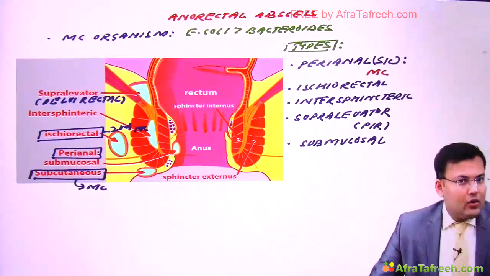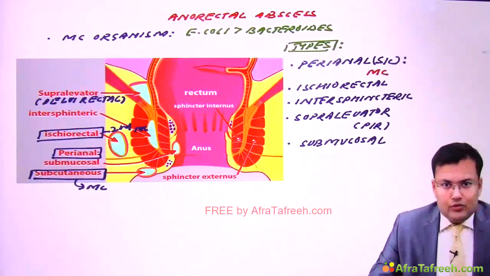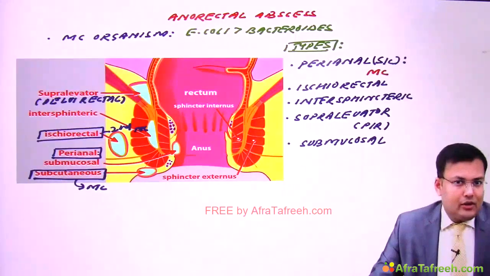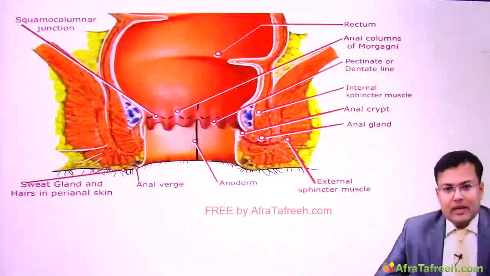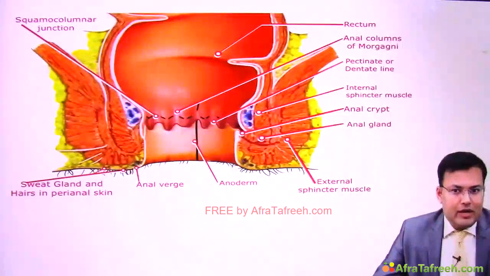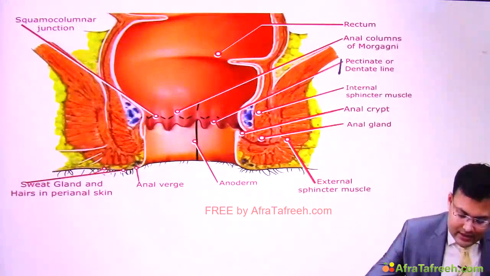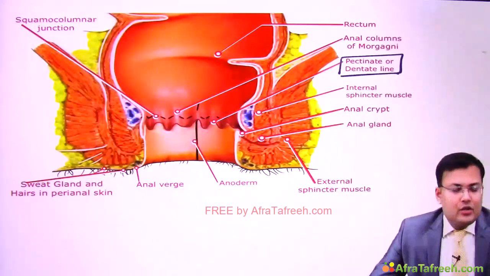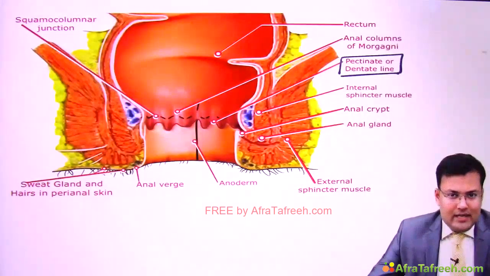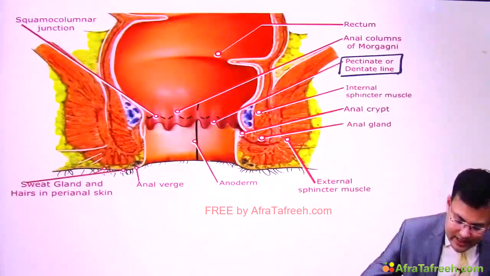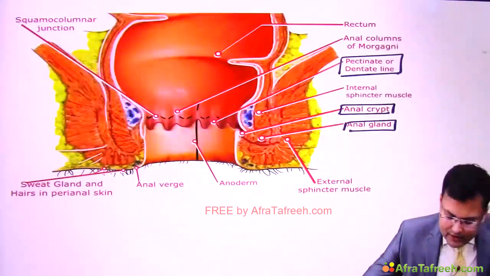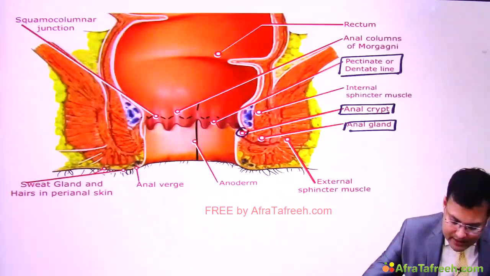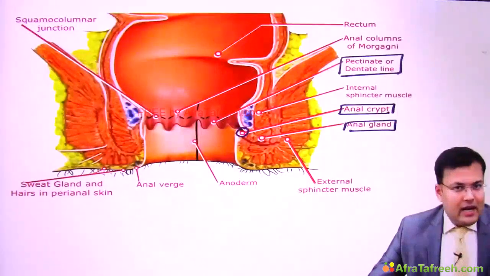Now see how anorectal abscess is going to form in any patient. See the pathophysiology. This is the normal anatomy. What are the important points which you have to remember? This is the dentate line, also known as pectinate line. Now see, there is anal gland and anal crypt. This has one opening, known as anal crypt, also known as crypt of Morgagni.